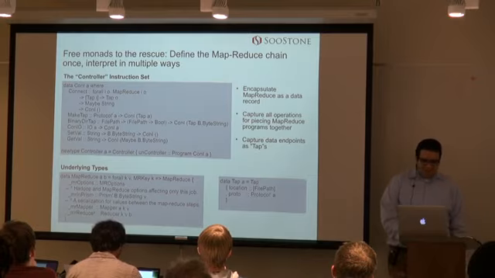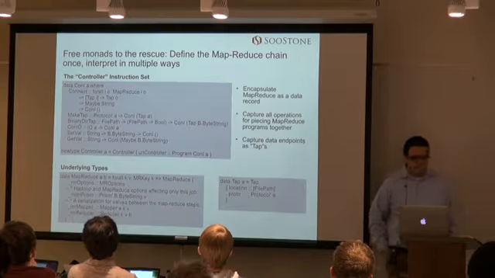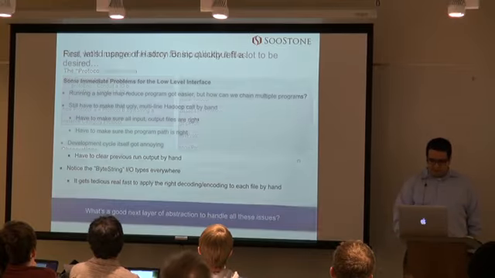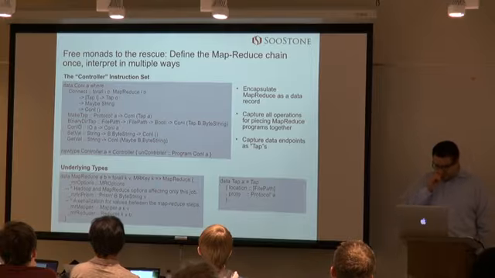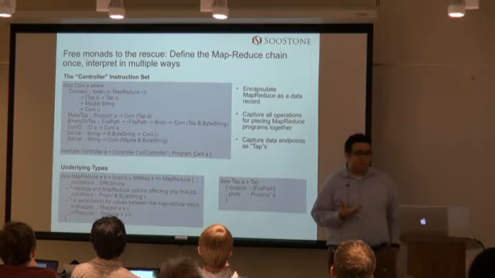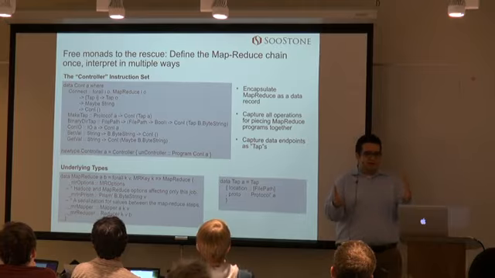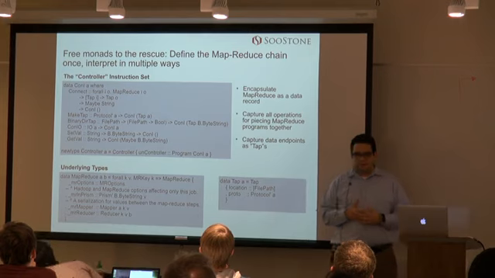So this is probably the ugliest slide we have. Now we have typed input, and we've had a bunch of low-level problems before. Essentially what we want at this point, or at least one of the good solutions to this problem, is to imagine having a monad, some kind of monadic interface, and let's say you have a chain of 7 MapReduce programs.